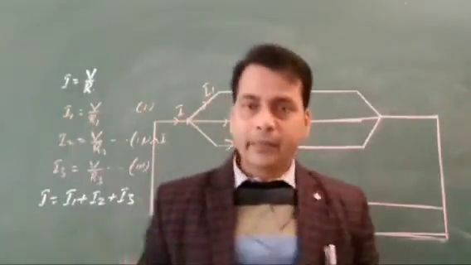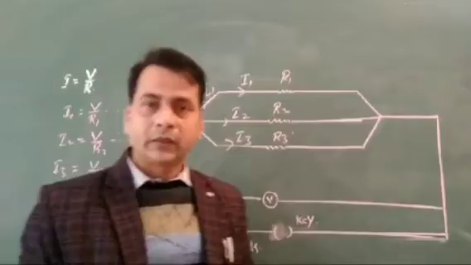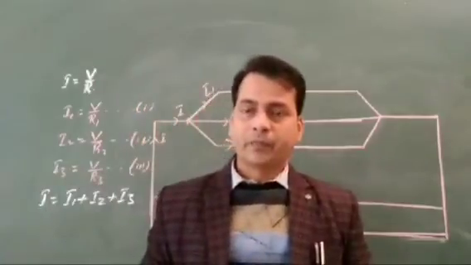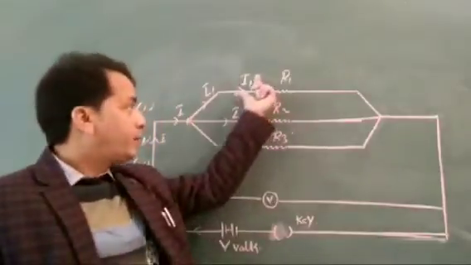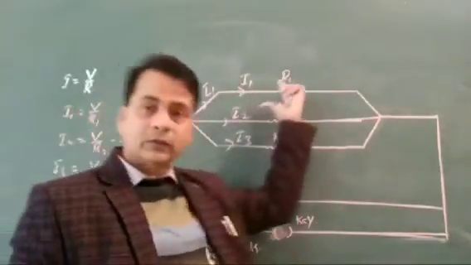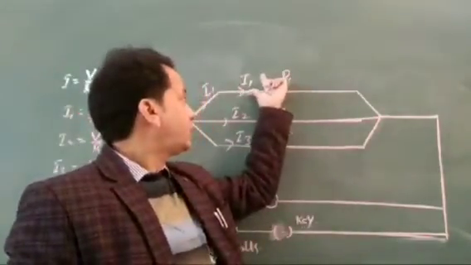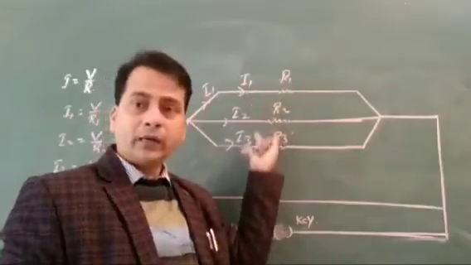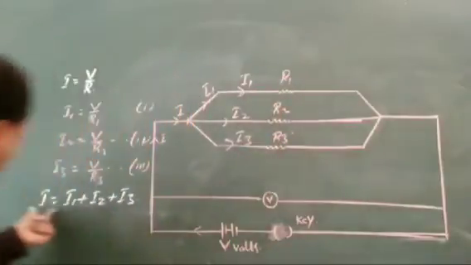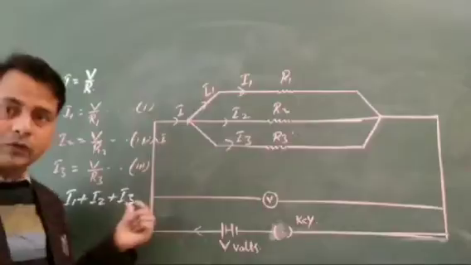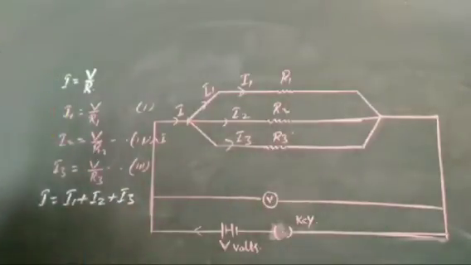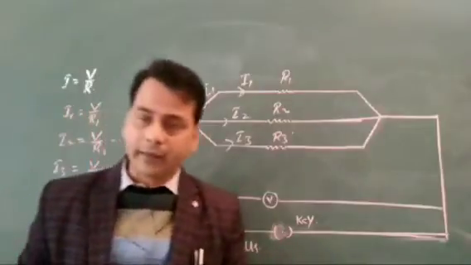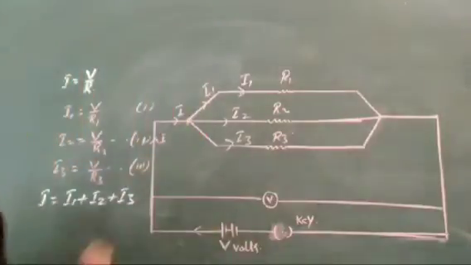Means the net current in this circuit is equal to the sum of the currents I1, I2 and I3. That is the net current I equal to I1 plus I2 plus I3. So here put the values of I1, I2 and I3 in this equation.